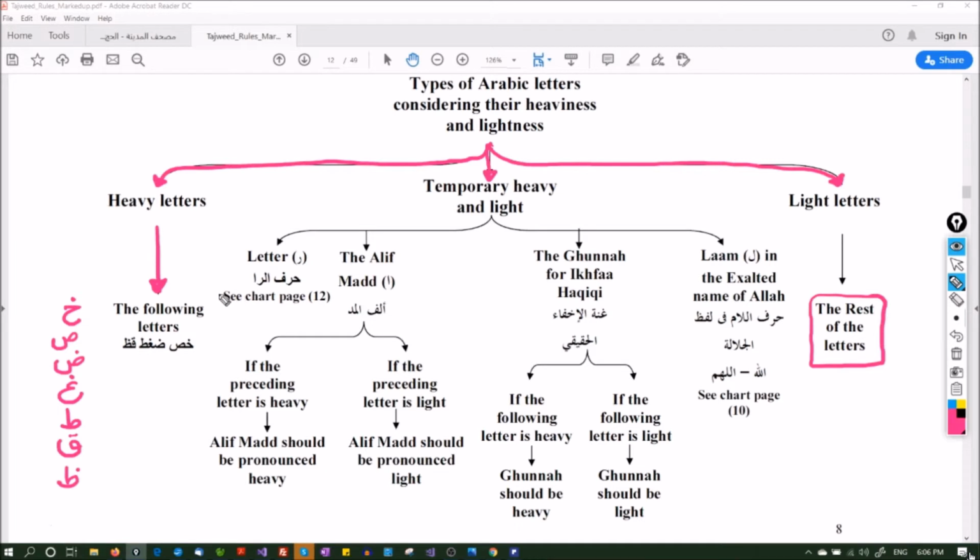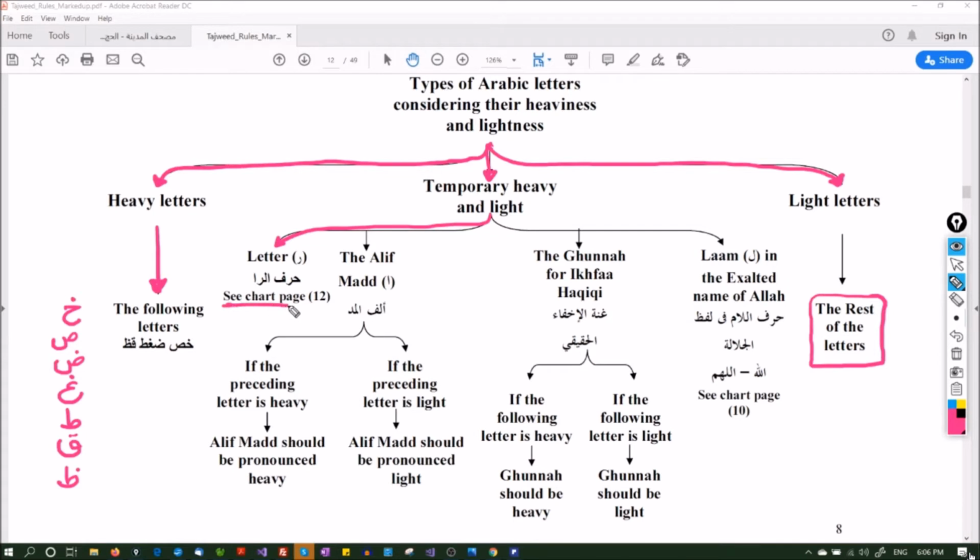The first one is Ra. Ra can be heavy or Ra can be light. So we have to see the chart on page 12. We will do the letter Ra afterwards because we have to go to another chart.